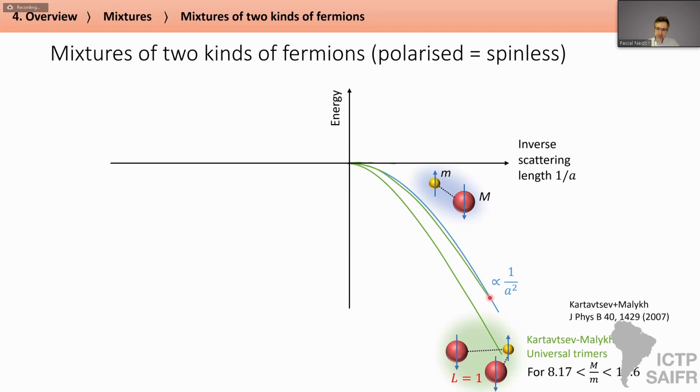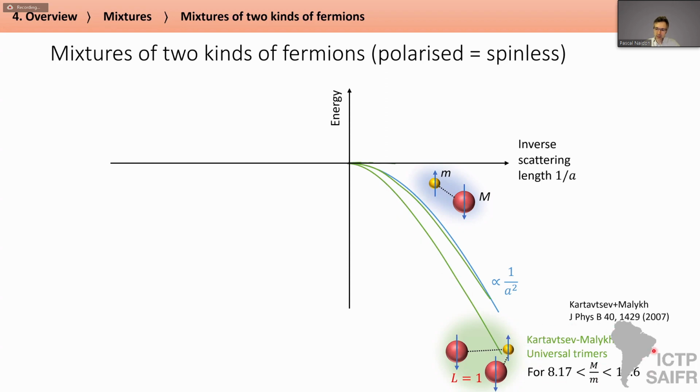And this potential is completely insensitive to the three-body parameter because there's a centrifugal repulsion that dominates at short distance, and that prevents the particles from going to short distance where they would be sensitive to other things like the three-body parameter. So we have states that are described only in terms of the scattering lengths. And so that means that their energy must be proportional to the energy of the dimer.